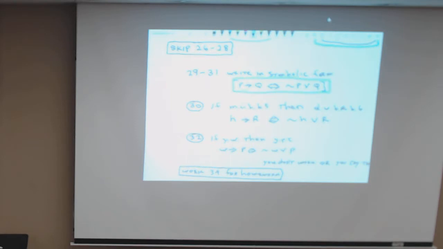If P then Q is equivalent to not P or Q. If it's raining outside, then I'll be carrying an umbrella to class. That's equivalent to saying it's not raining outside or I'm carrying an umbrella to class. You go, why? Because we did that earlier. Because those two statements have the same truth value, so that makes them equivalent.